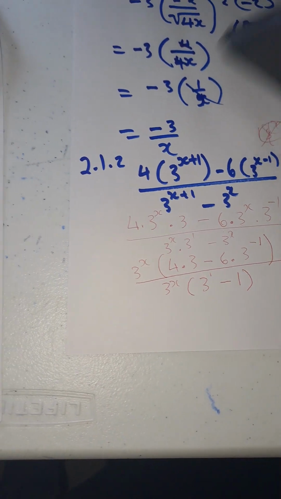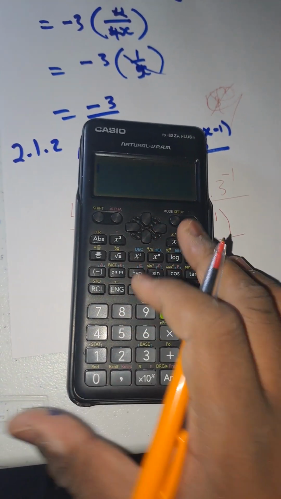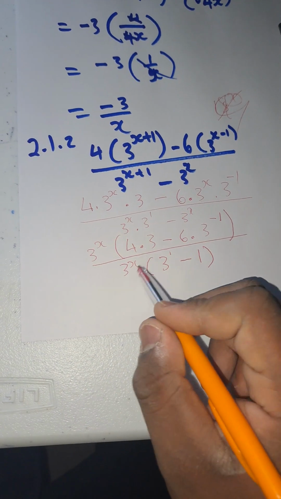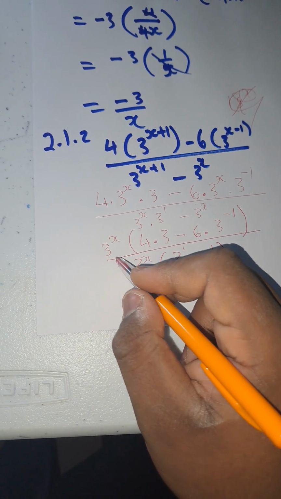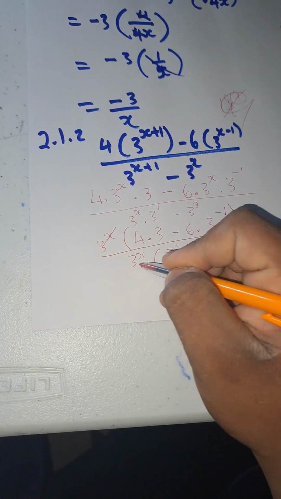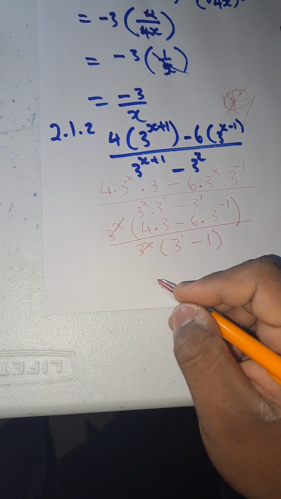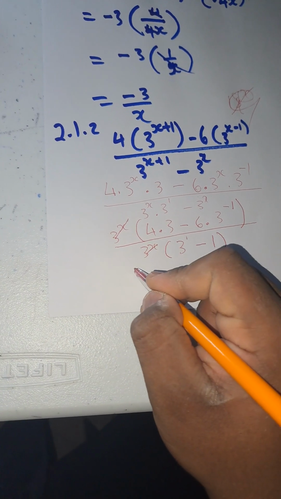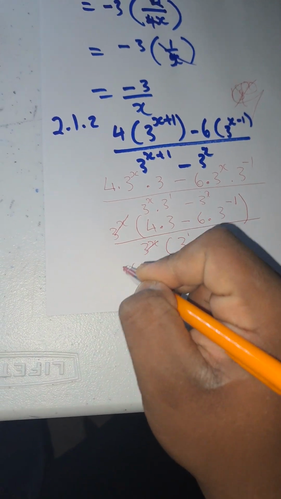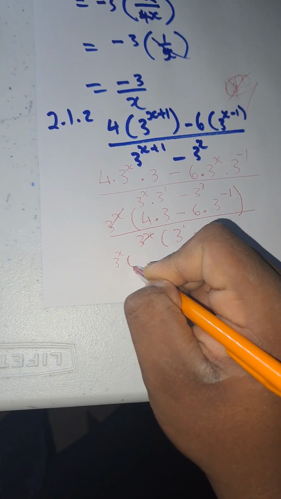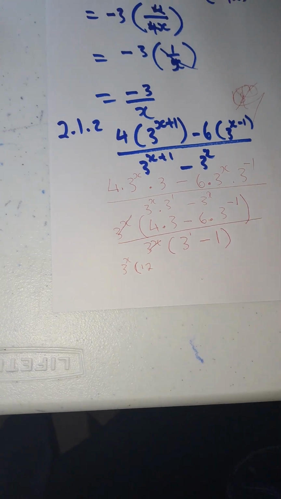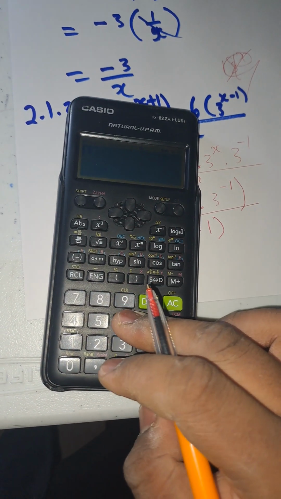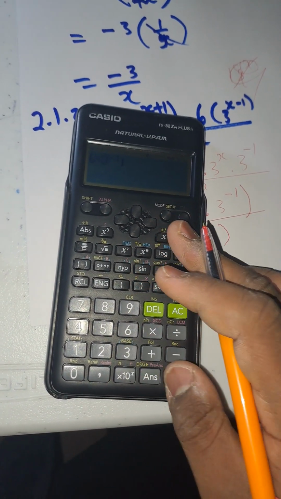Take out your calculator so that you don't make a mistake. What is 4 times 3? It is 12. These ones will cancel, right? So cancel. What is 6 times 3 to the power of minus 1?